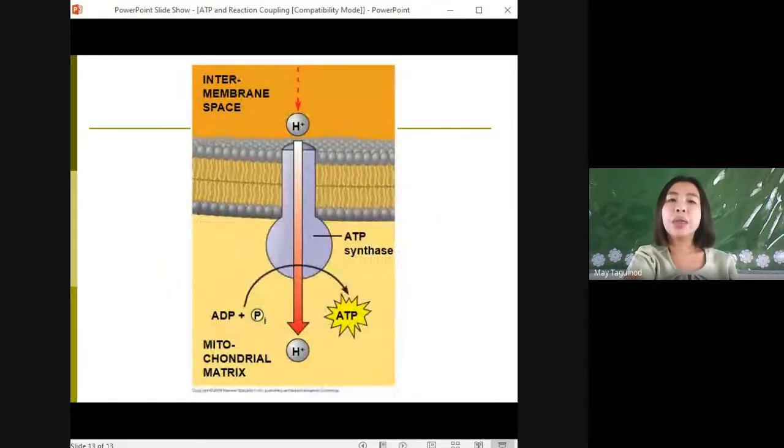The last important process is the regeneration of ATP. ATP is a renewable resource that is regenerated by the addition of a phosphate group to adenosine diphosphate, or ADP. It requires ATP synthase and hydrogen ions from the water.